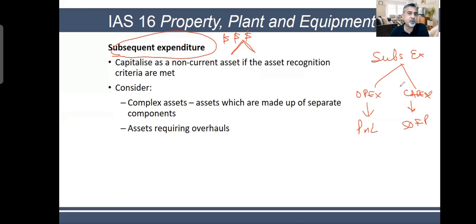So that's an important decision. The rule which you should remember, because there could be 1 million situations, and like I said, the beauty of IFRS is that it gives you some principles, some guidance, and then it leaves it to your judgment. You have to decide what to do in a different situation.